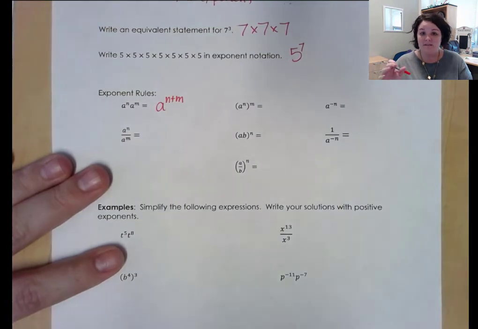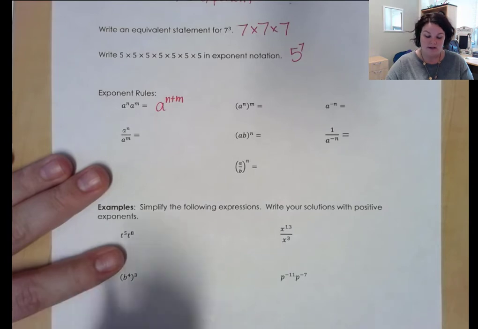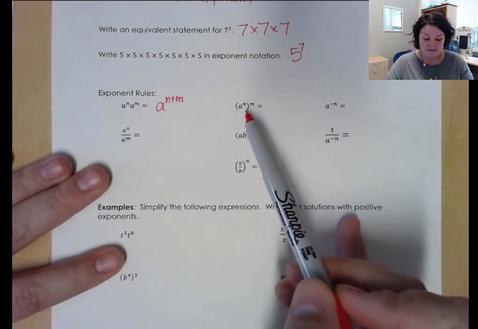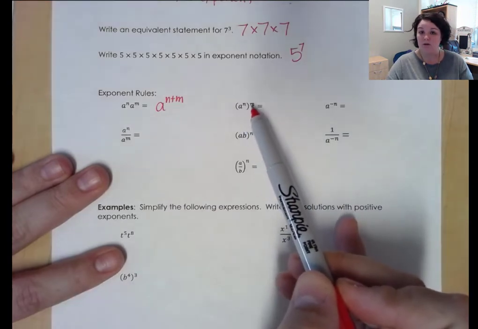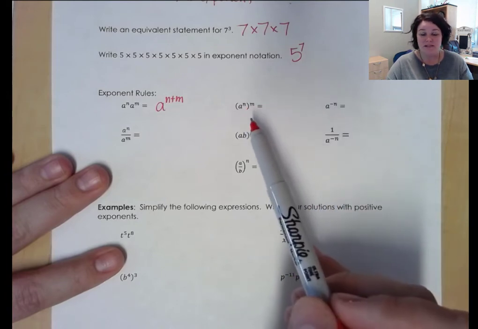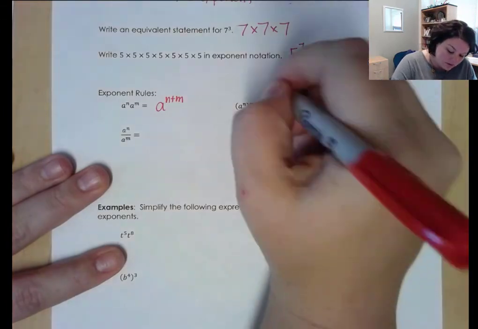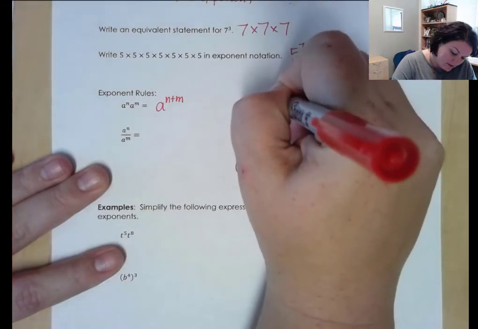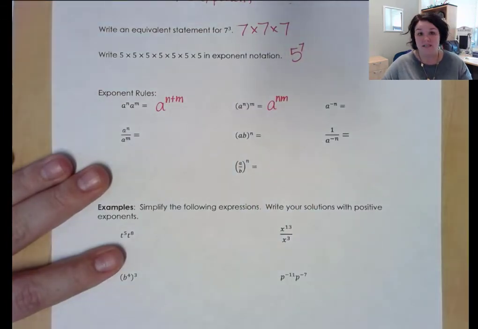So as long as they have the same base and are being multiplied together, we just add those exponents. Now, if I have a base raised to a power, so a to the m raised to the n, notice we don't see two bases, we only have one base, then we multiply the powers. So this would be a to the m times n.